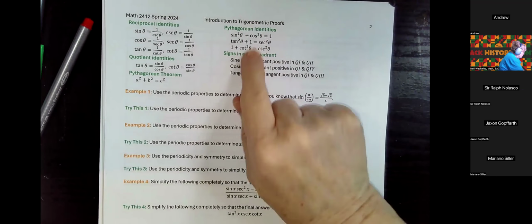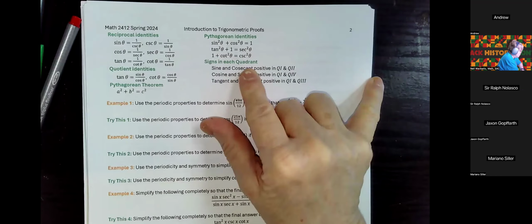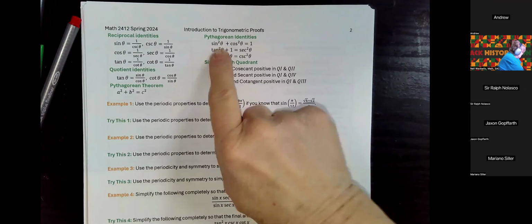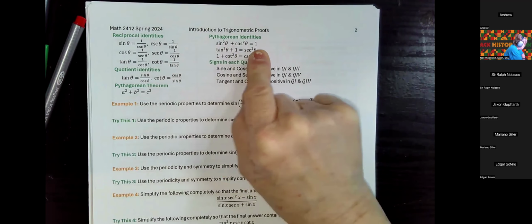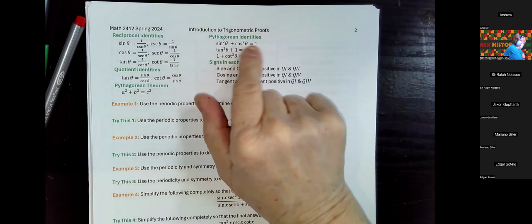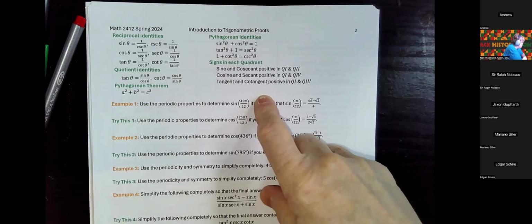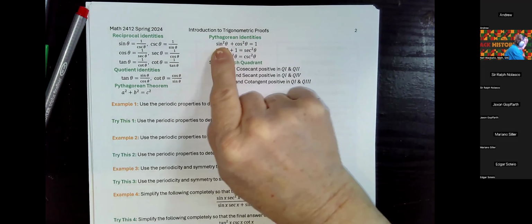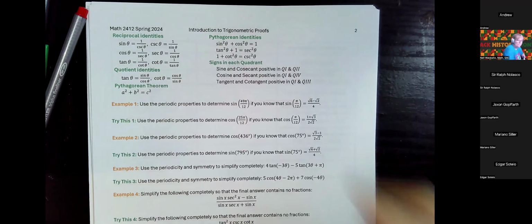The three Pythagorean identities. The one you want to remember is sine squared plus cosine squared is 1. The others can be derived very quickly from that one. If you remember two of them, remember tangent squared plus 1 is secant squared, and sine squared plus cosine squared is 1.